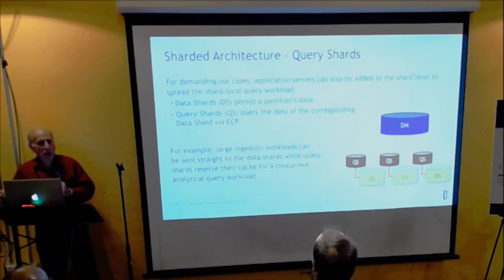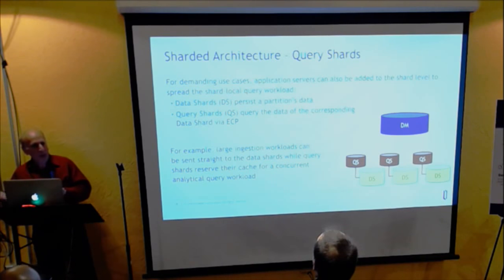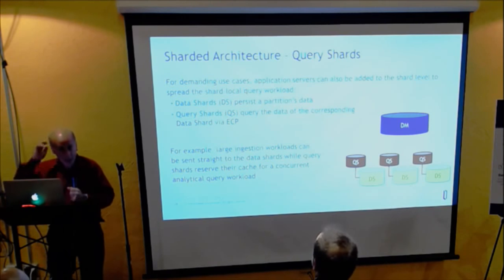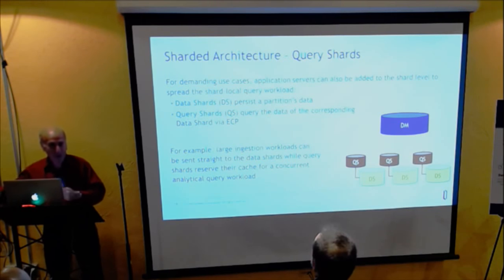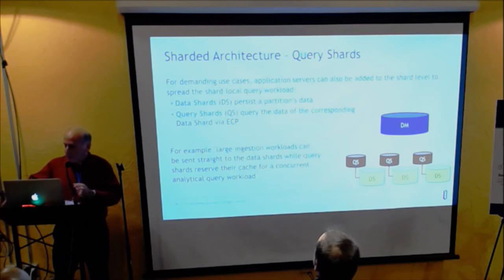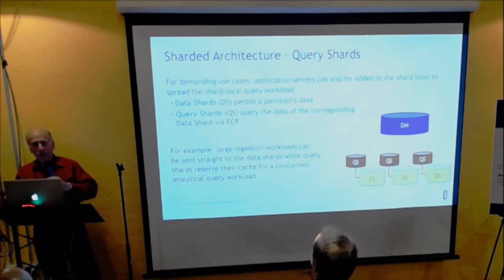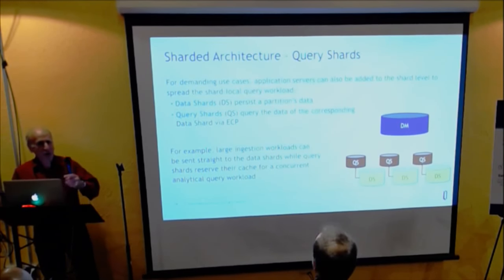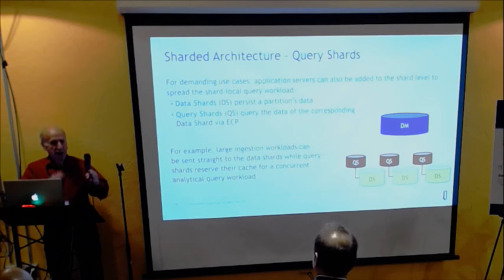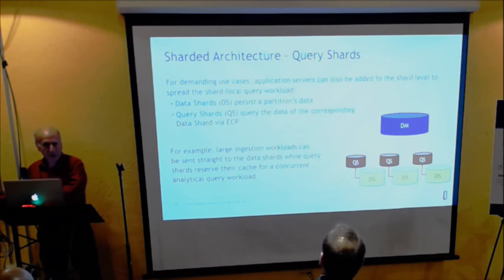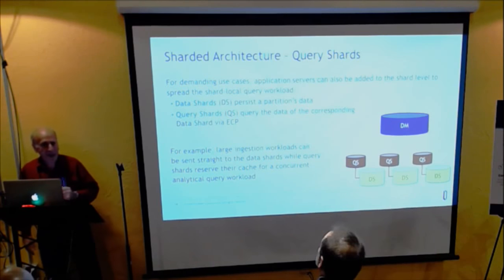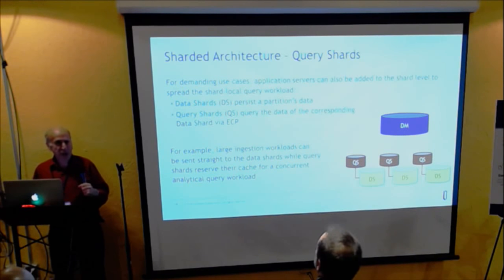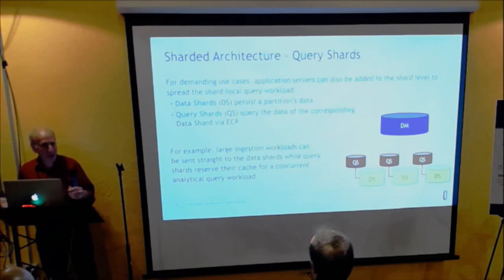So with query shards, there are several advantages, but one advantage is that they're more elastic than data shards, because with data shards, you've actually partitioned the data: I put this data here, this data here, this data here. If you want to add data shards, repartitioning the data is an expensive operation.